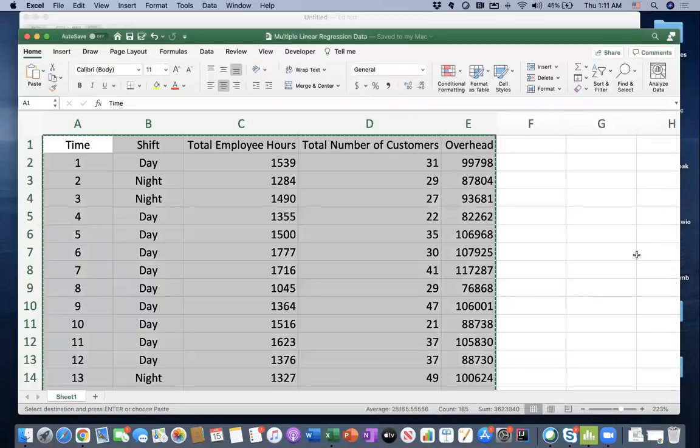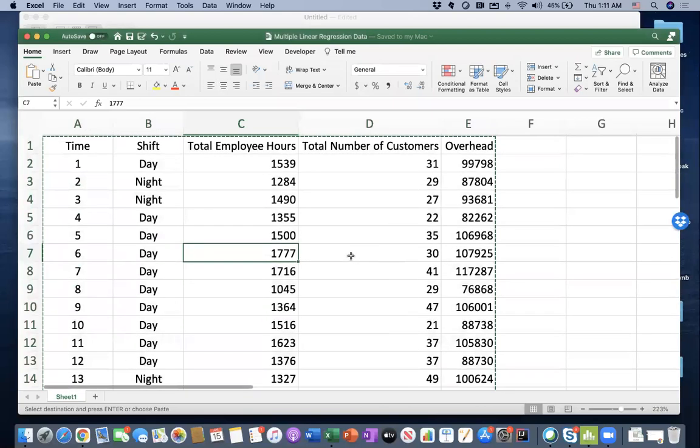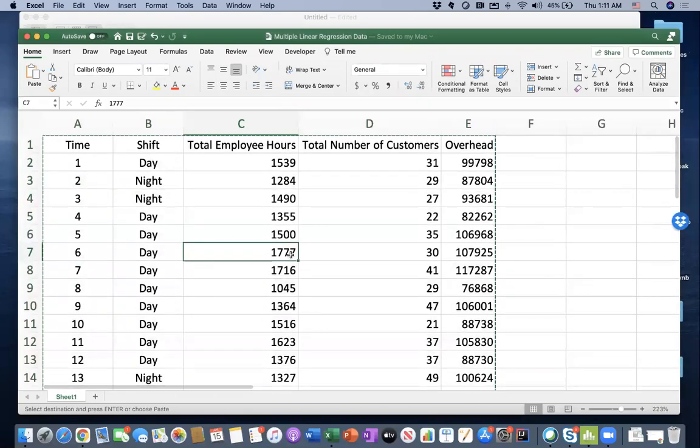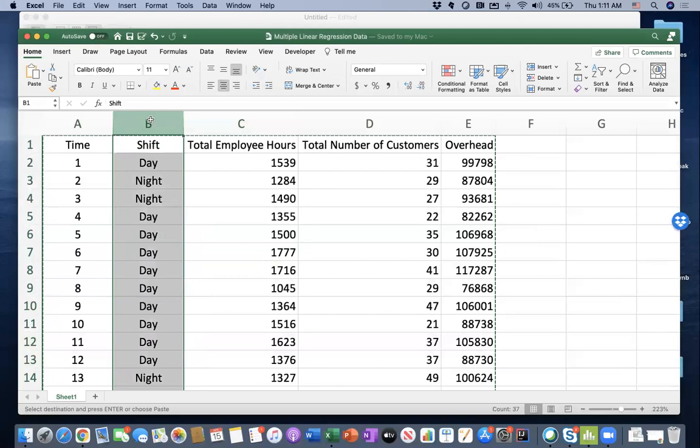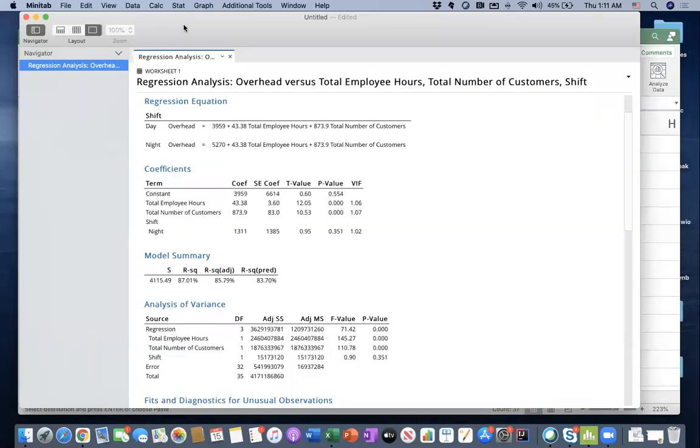By just looking at this data, you wouldn't know whether your shift variable is statistically significant or not. That's one of the perks of implementing multiple linear regression and looking at the ANOVA table.